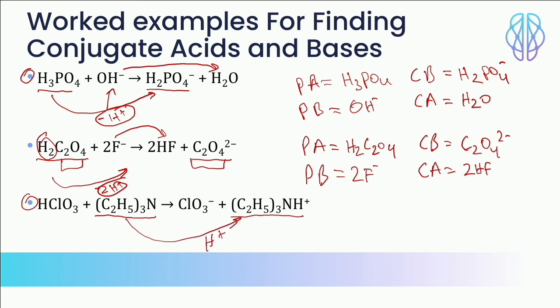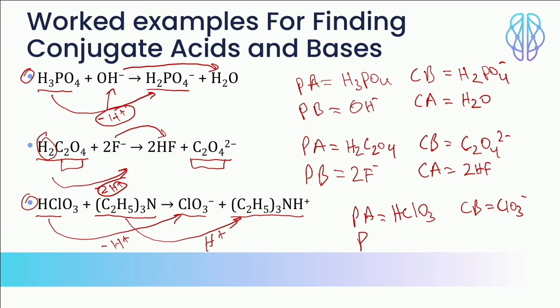So where did that H+ come from? These 2 groups also look the same, except that has lost the H+. And I want you to write this. So our parent acid, the proton donor, is HClO3. Thus, our conjugate base is ClO3 minus.